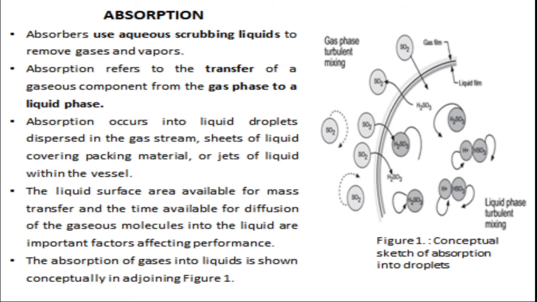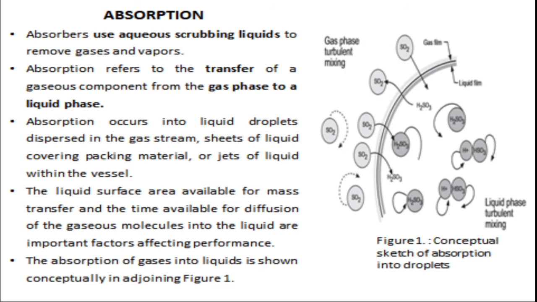The diagram here shows a conceptual sketch of absorption into droplets. If you see, there is gas phase turbulent mixing taking place. A particular number of gaseous molecules are getting absorbed into a liquid phase system, and there are certain combinations happening.